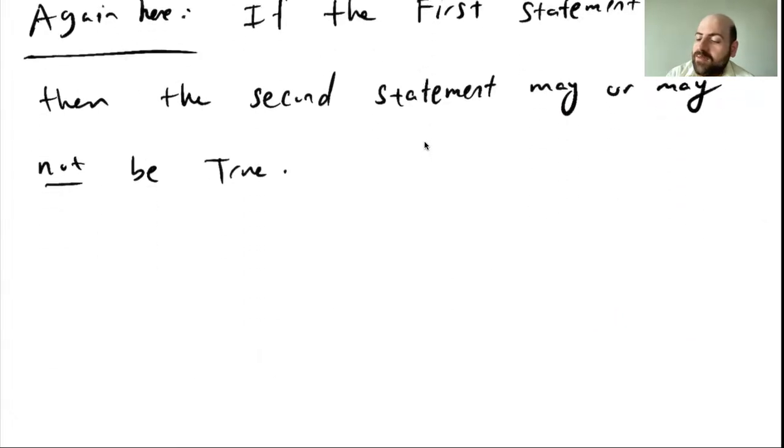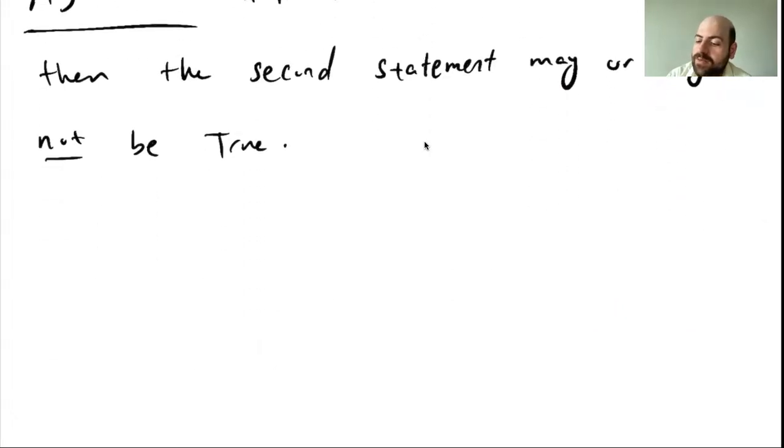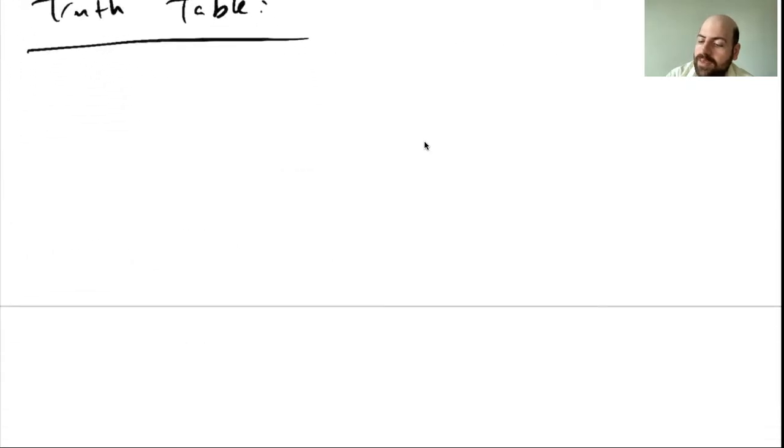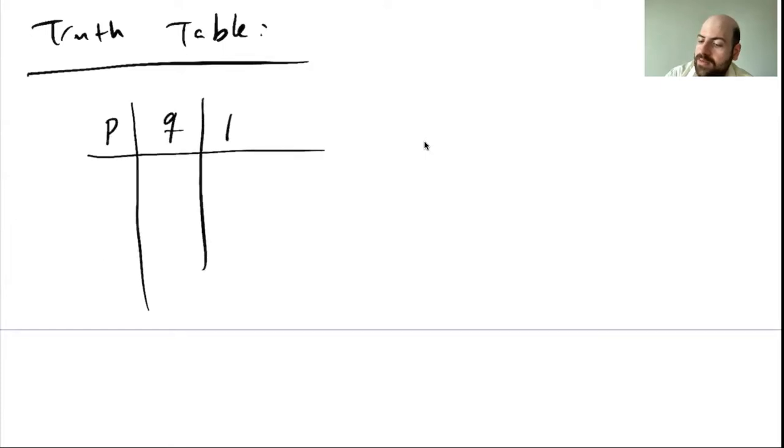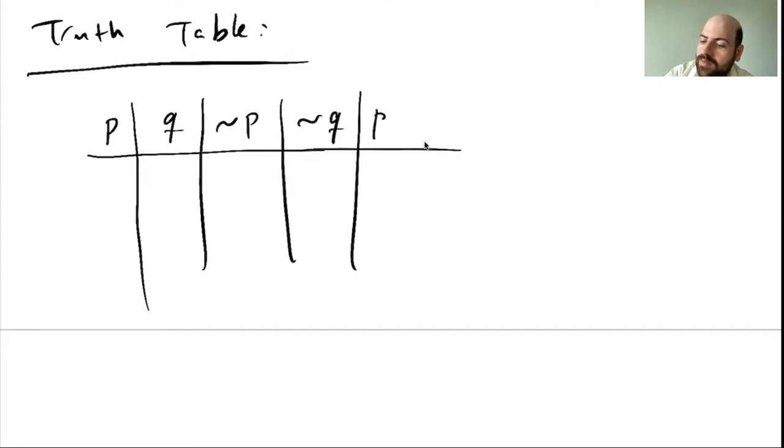Let's verify it again with a truth table. So I have P here and Q here, and then P implies Q here. I also need negation P and negation Q. So let me include negation P, negation Q, P implies Q, negation P implies negation Q.